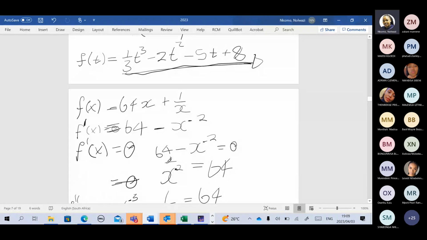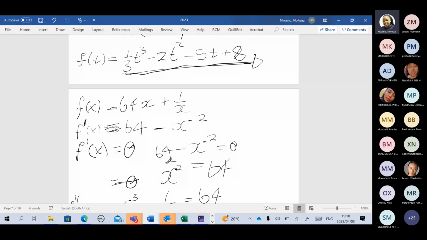If that second derivative is less than 0, that is a maximum point. If it's greater than 0, that is a minimum point. Remember, if you can't factorize, you use the quadratic formula.